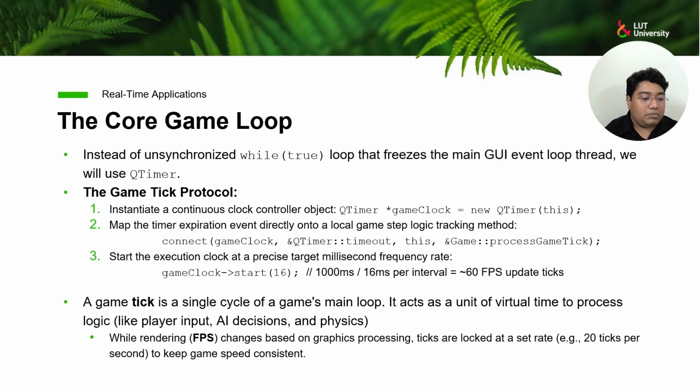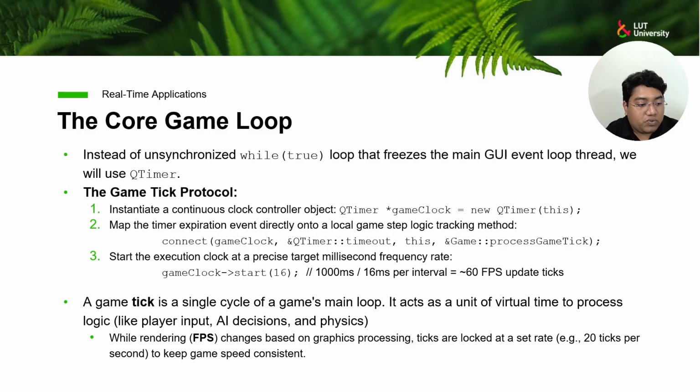Now it's time to combine everything we've learned. Earlier we introduced QTimer, then we learned how paintEvent works and how it is responsible for drawing the current game state. Together, these form the core of almost every simple game. The timer generates regular updates, and during each update, we modify the game state.